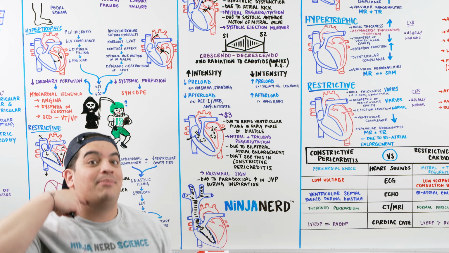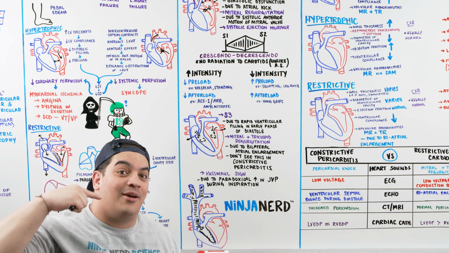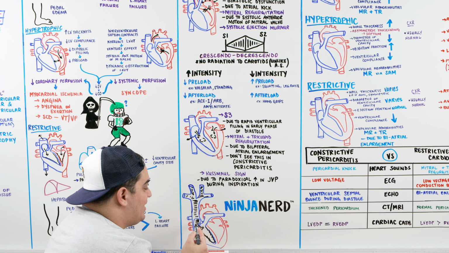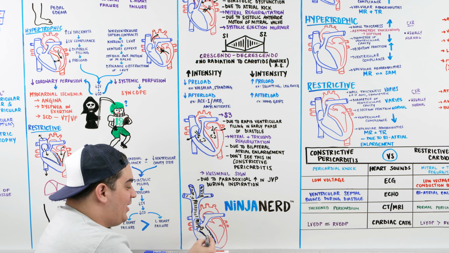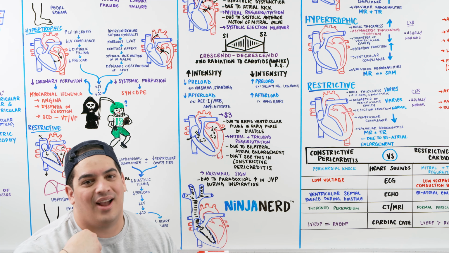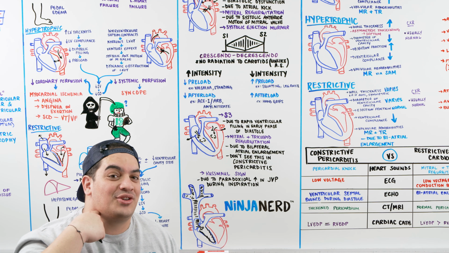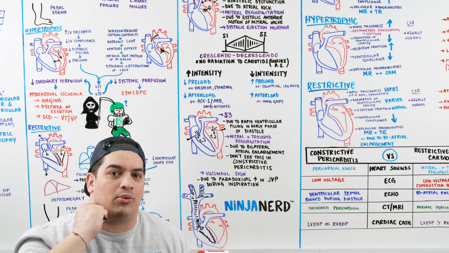Blood has been sitting in this atria and it doesn't really want to go into the ventricles. If it doesn't want to empty into the ventricles, do you think it's going to dump down really well? No. So the jugular venous distension stays the same even during inspiration.